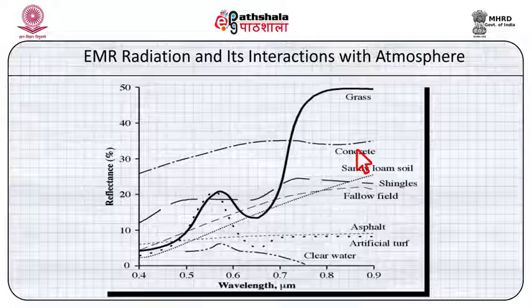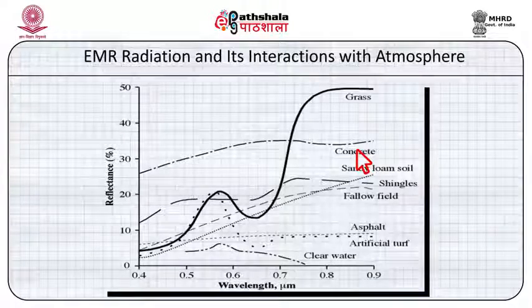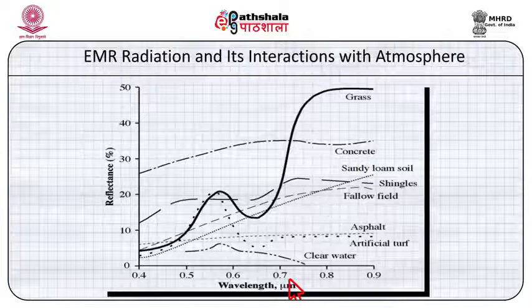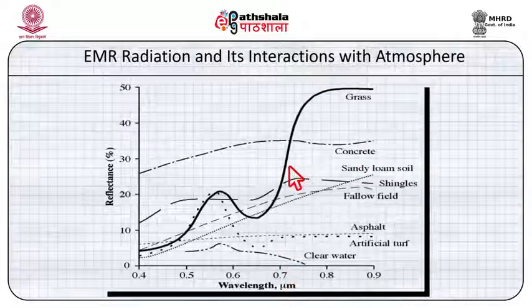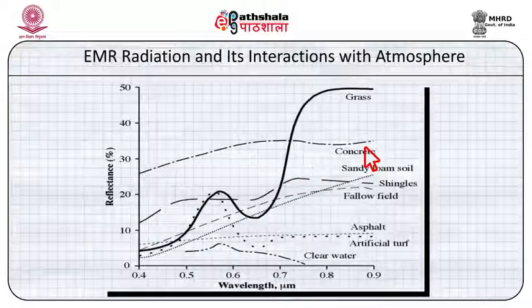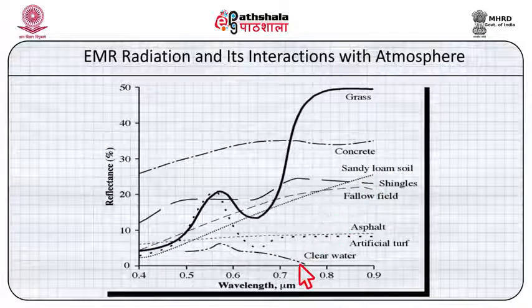The moment you go to 0.7, the grasses reflect very strongly, concrete further reflects strongly, sandy loam also reflects strongly, but at the same time the clear water bodies do not reflect strongly.